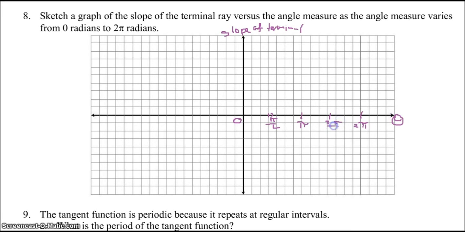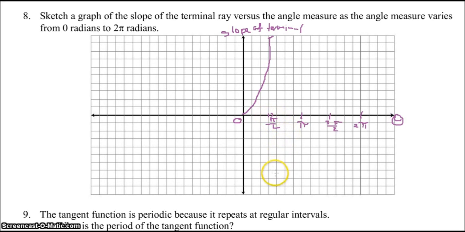Remember that the slope increased without bound. So we sort of started off here, we got to a slope of 1, and then we just keep increasing. It was positive there.